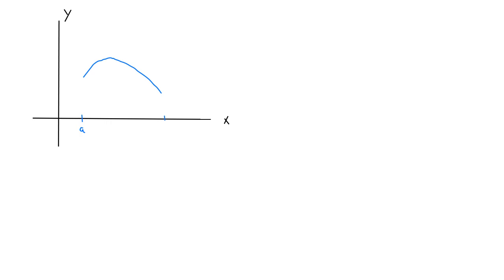The function goes from a to b, and we're interested in the area under our curve from a to b. So that's what a definite integral is, right? But let's say that we can't get the antiderivative for the function. So how might we then approximate the area under the curve?